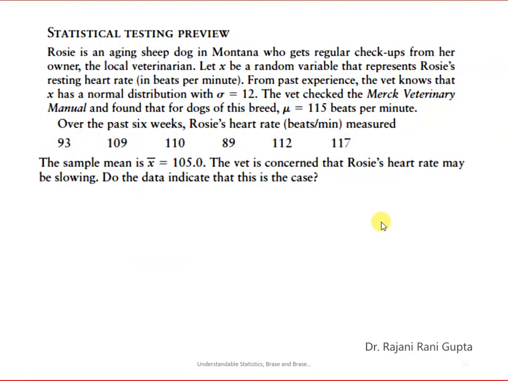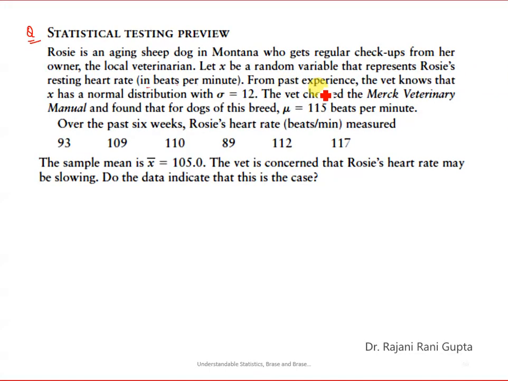Now let's consider this question and we will complete the solution. Let's read it. Rosie is an aging sheepdog in Montana who gets regular checkups from her owner, the local veterinarian. Let X be a random variable that represents Rosie's resting heart rate, measured in beats per minute.